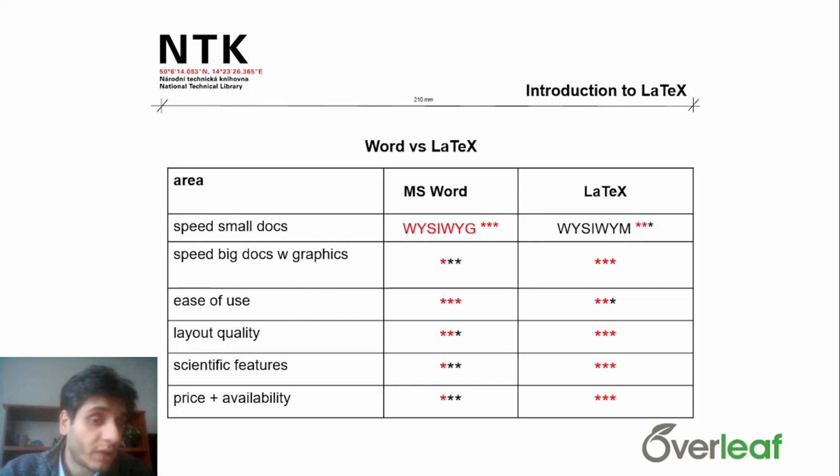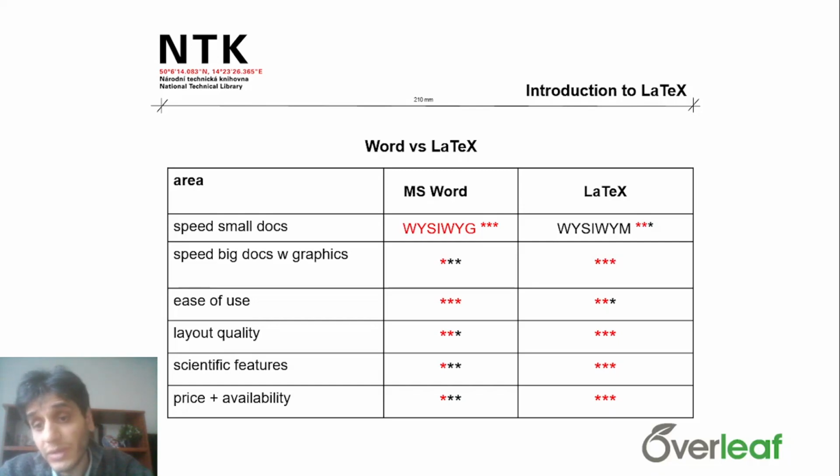If we are talking about the speed with big documents with graphics, here Word becomes slow when handling large documents with large graphics, especially when we are talking about automatic numbering for tables, figures, and equations.